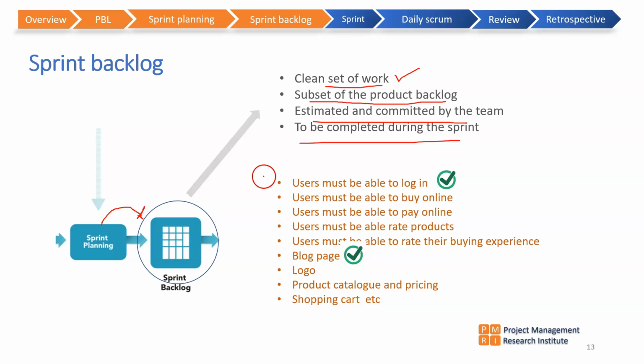From our previous example, if this is the total product backlog, the product owner proposes these two features to be completed in the next sprint. The team validates it, estimates it, and at the end of the sprint planning meeting the team says, okay, these two things we can do, and that becomes your sprint backlog.